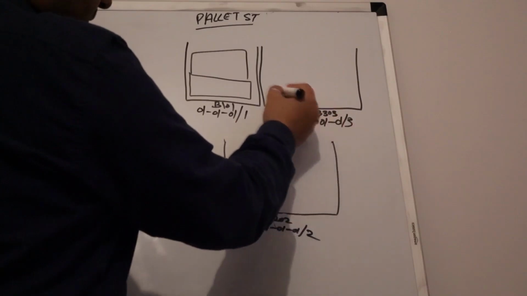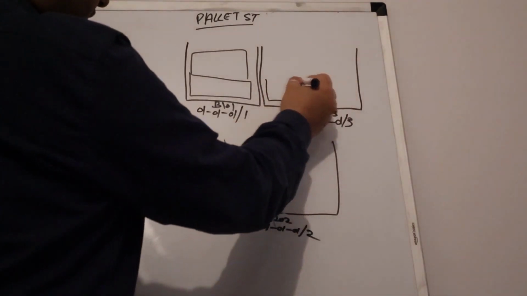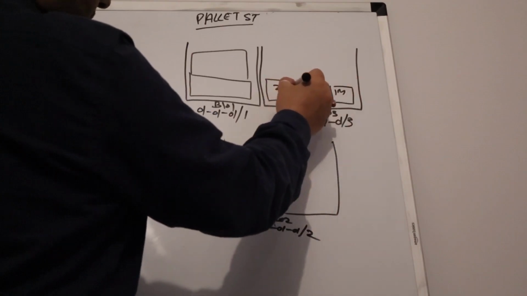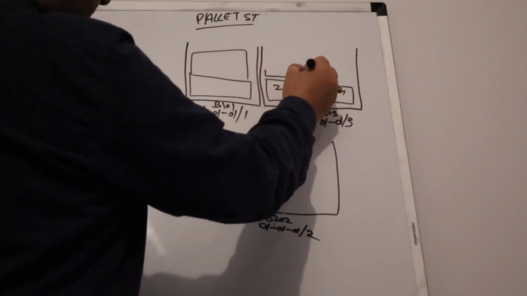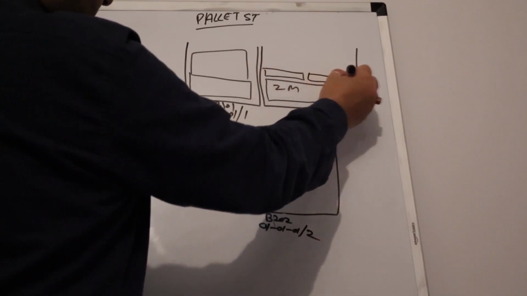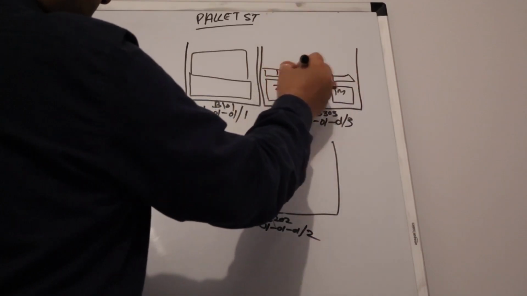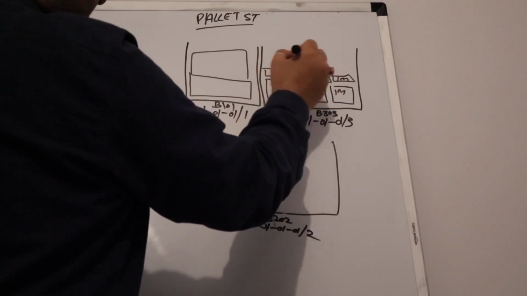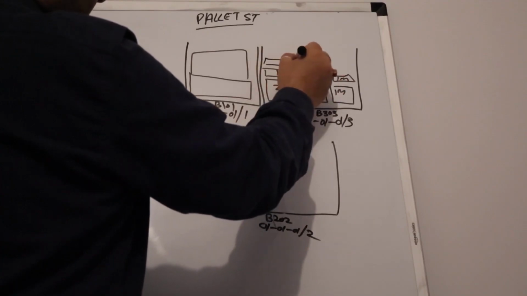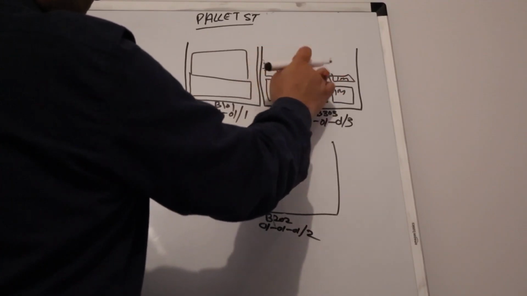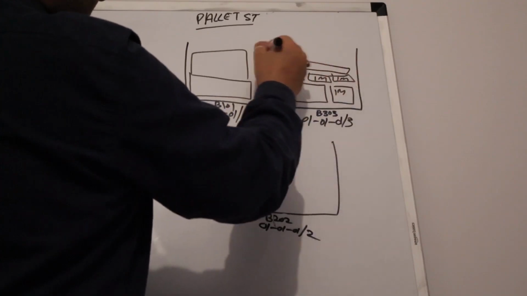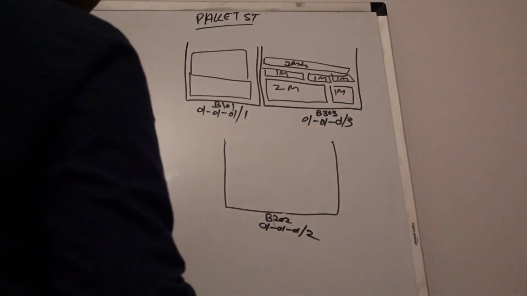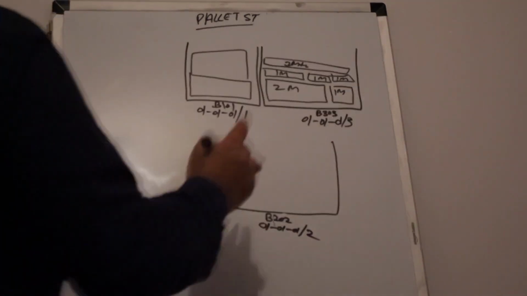This 3 meter bin can hold 1 2 meter pallet, 1 meter pallet, or this bin can hold 1 meter, 1 meter, 1 meter, 3 pallets. This is logically you can see. Or this bin can hold one single 3 meter pallet, full HU inside it.